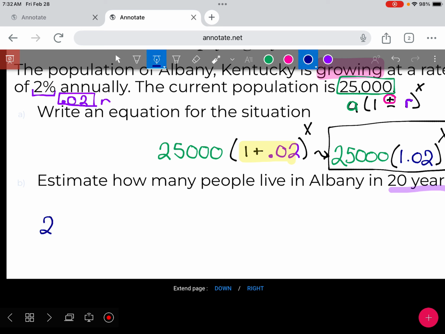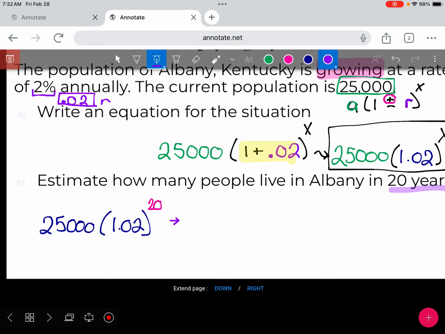So we can take this and put our 25,000 times our 1.02 to the 20. Big number. Yeah, well, it's growing, and it's a big group of people to begin with. It's our 25,000 people. Plus a lot of decimals.